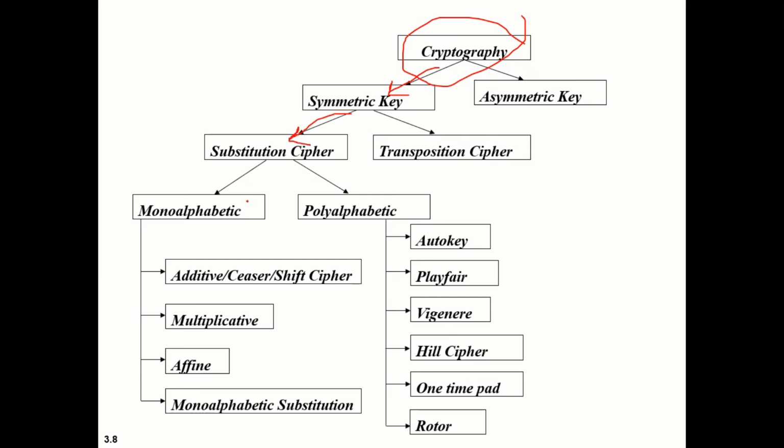In substitution cipher we had monoalphabetic and polyalphabetic. In monoalphabetic we covered additive or Caesar cipher, multiplicative cipher, affine cipher, and monoalphabetic substitution. In polyalphabetic, we covered autokey cipher, Playfair cipher, Vigenere cipher, Hill cipher, one-time pad, and rotor machines or rotor cipher. Right, so this is how we are moving.